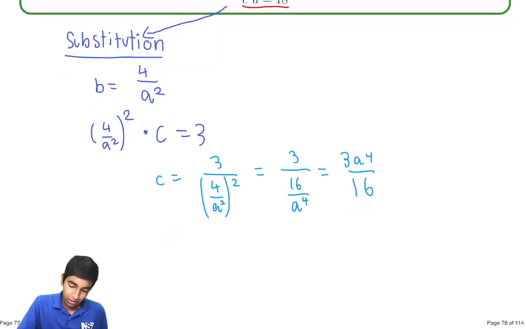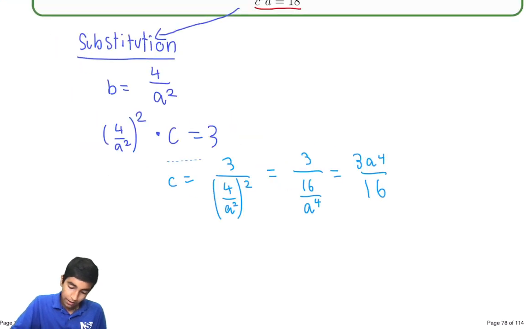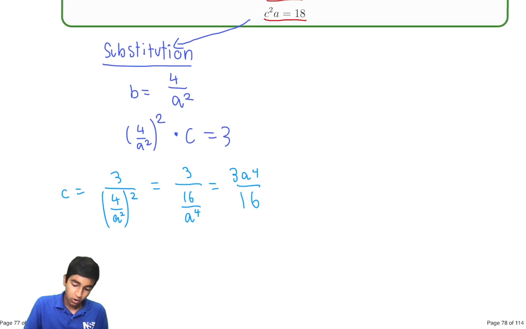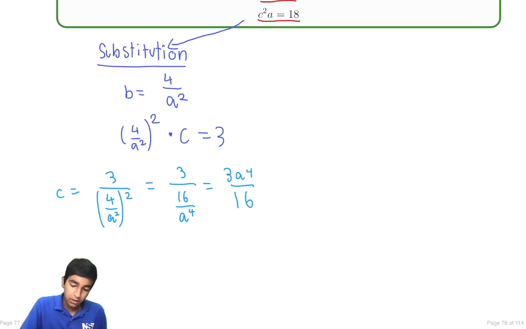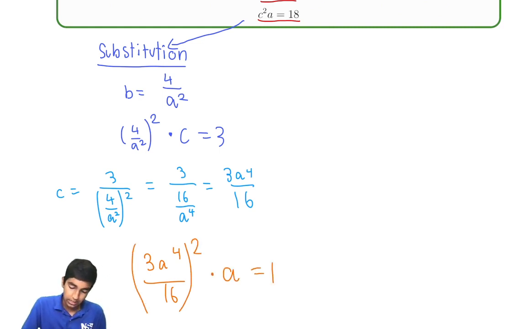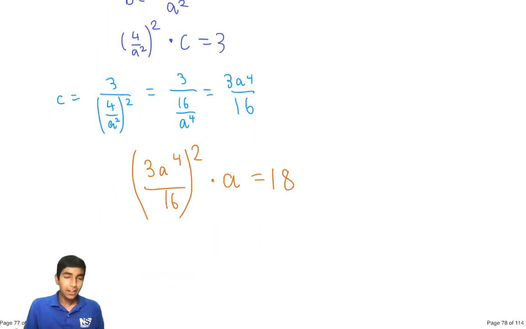Now, what's next? Well, now what we have to do is plug this into the third equation. We know the value of c in terms of a, so we plug it into the third equation. That's (3a to the 4th over 16) squared times a equal to 18. So from here, let's simplify.